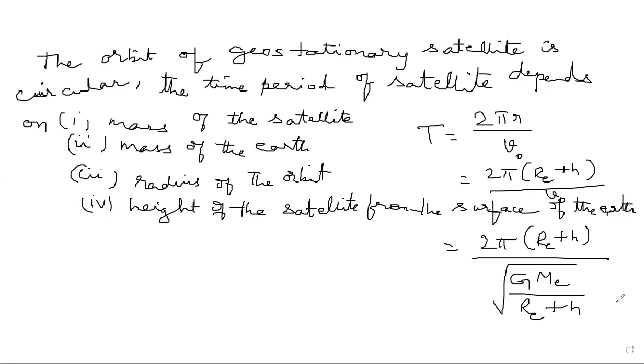From this we can say the time period of the satellite is independent of the mass of the satellite. Why? Because you don't have the small letter m, you have only capital letter M. So the time period is independent of the mass of the satellite, but depends on the mass of the earth, radius of the orbit, and height of the satellite from the surface.